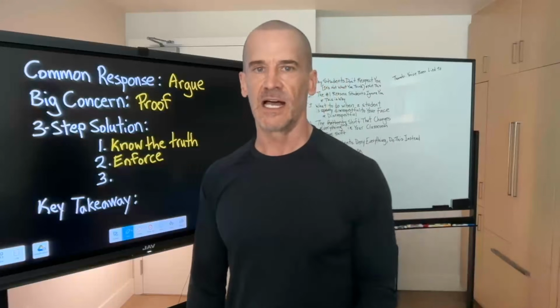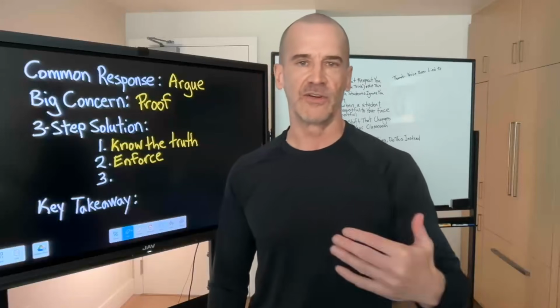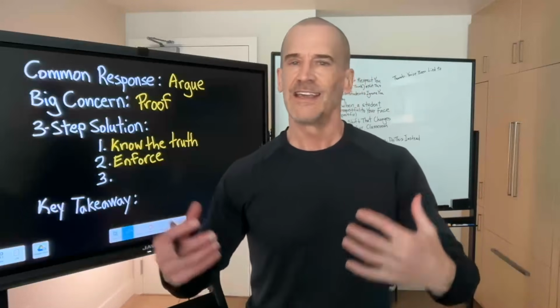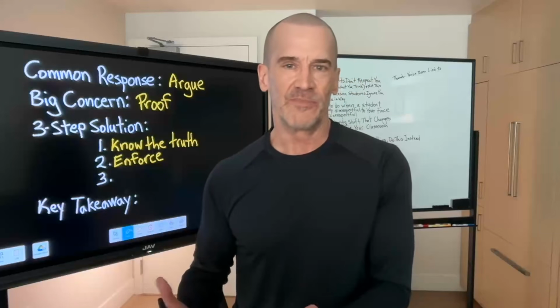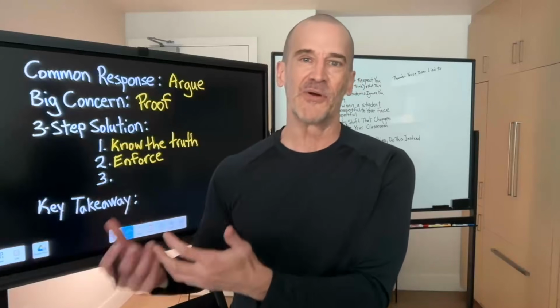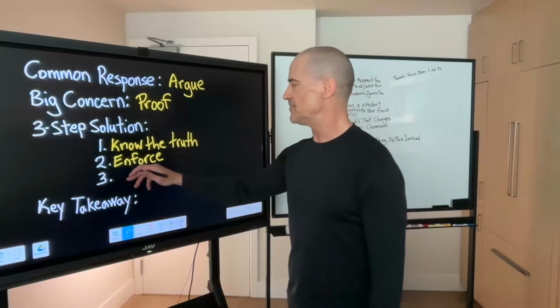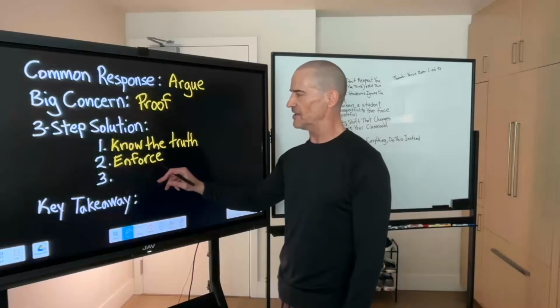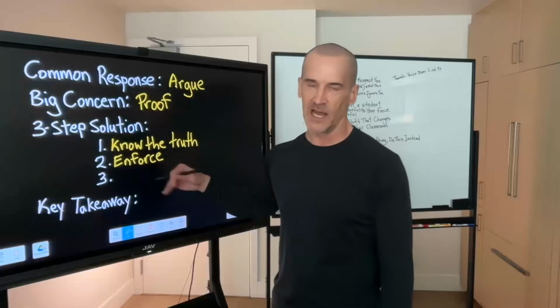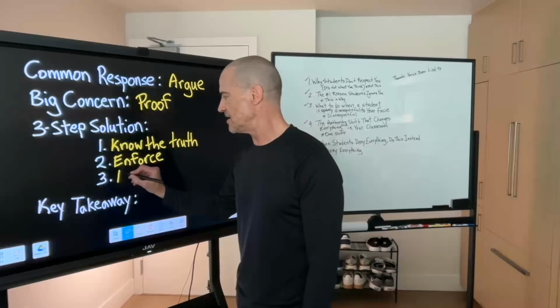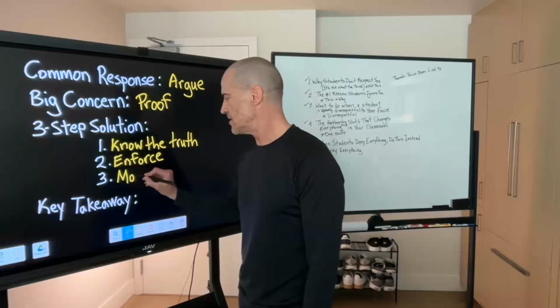After a while, you don't need to do that, because the students know the rules so well, they know they broke a rule. Jeremy knows he broke a rule. All you're doing is informing the enforcement of it. So you're informing of the consequence. And then the last step is you're going to move on.